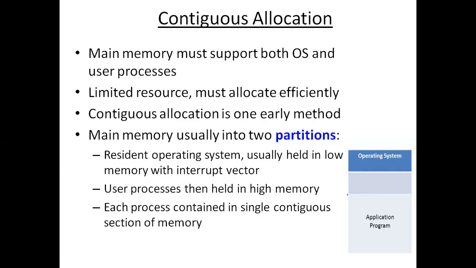Or is the process being broken up in such a way that part of the process is being placed in different memory locations? So we will talk about the two ways of allocation, whether it would be a single allocation method or a multiple allocation method.